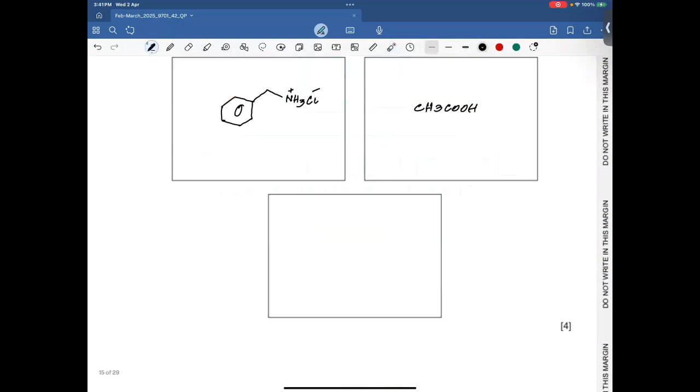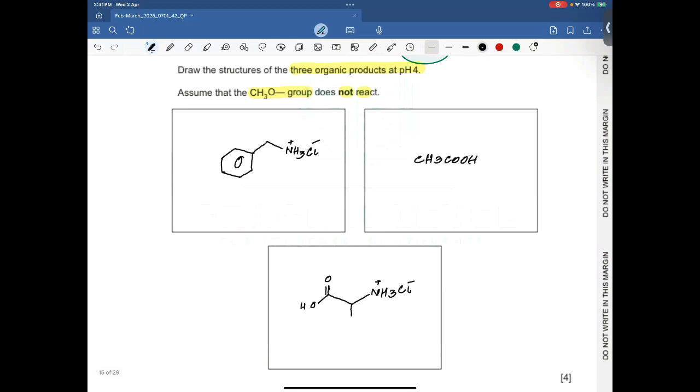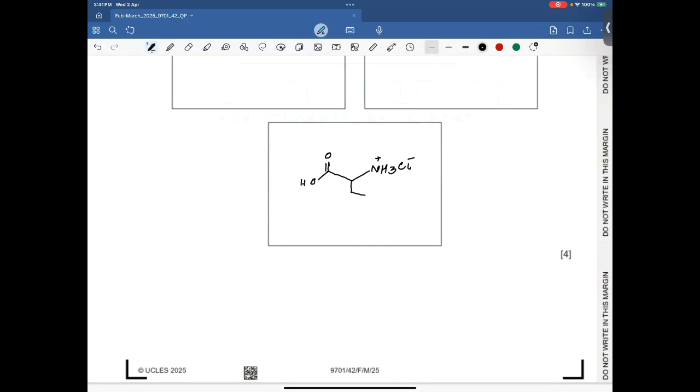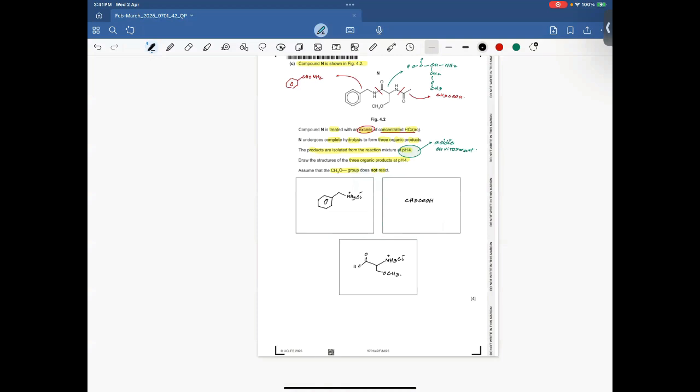So it's going to be like this. CH, NH3 plus, Cl minus. This is CH2. This is OCH3. Okay, I hope it makes sense to you.